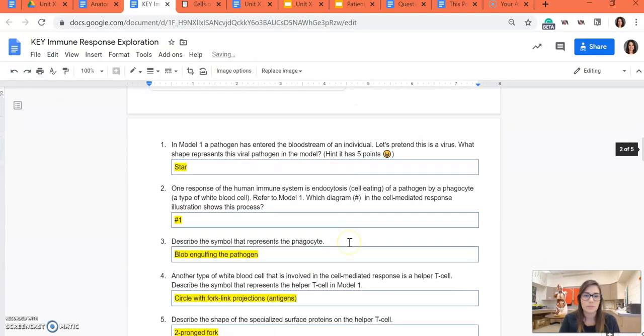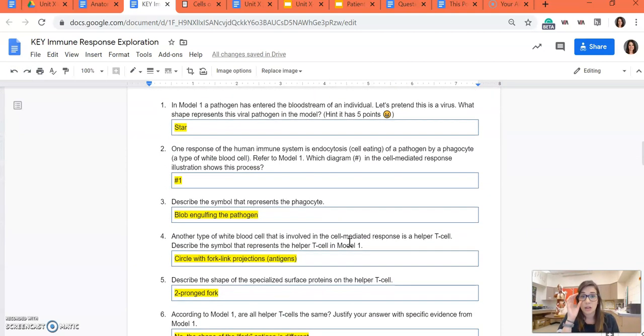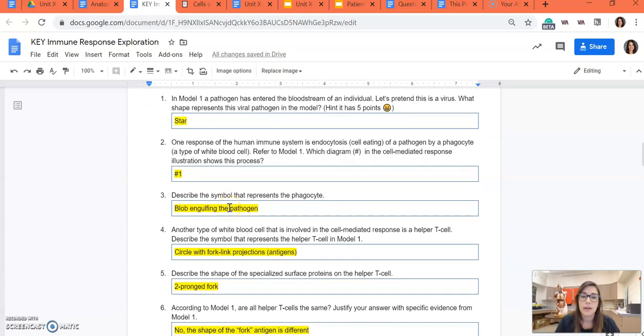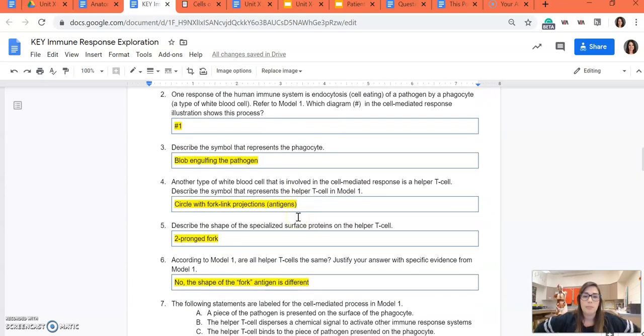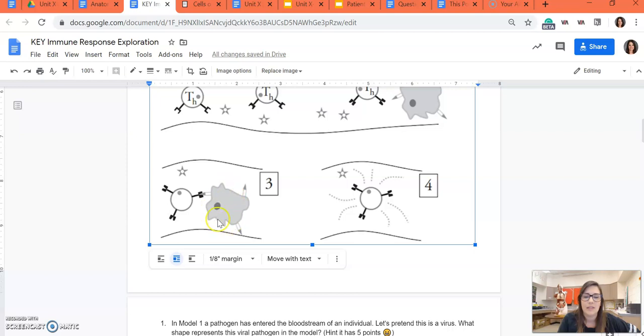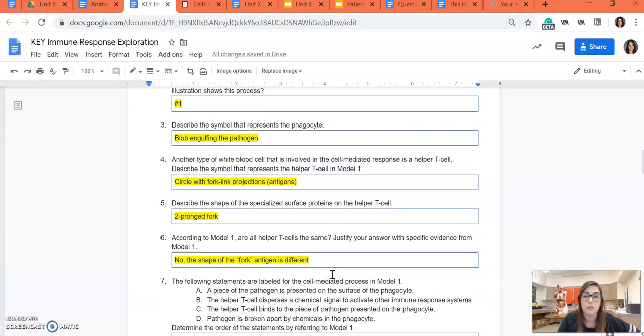All right, so answers. Number 1 should be star, so the pathogens are the shape of the star. The diagram number 1 shows that process. Number 3 should be the blob engulfing the pathogen. This guy right here, that's the macrophage. This is called the phagocyte, is what they're calling it on this one.